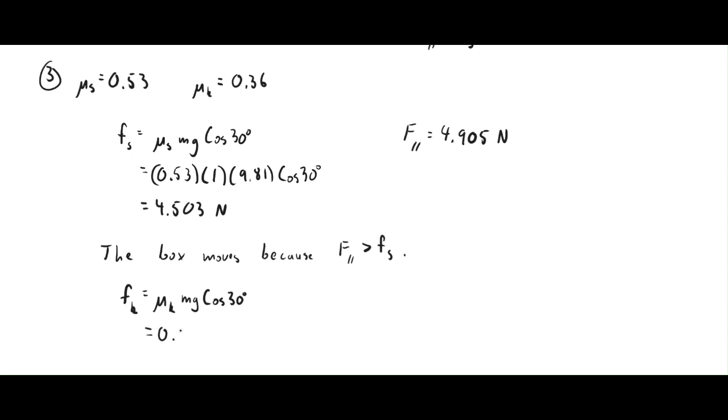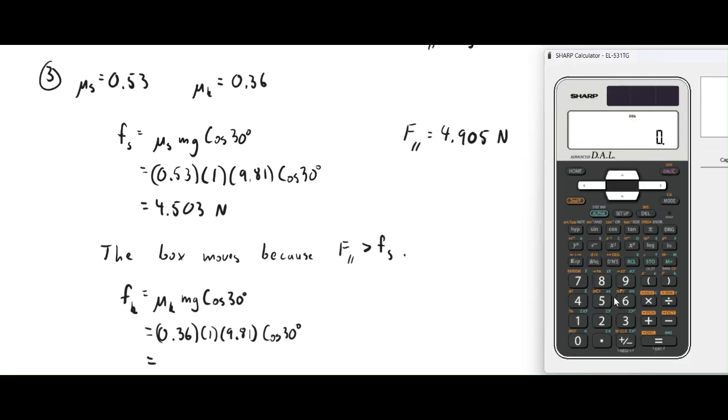So this time we have 0.36 times mass times gravity times cos 30. Oh, I put in sine earlier, I need a cosine here. And what do we get this time? 0.36 times 9.81 times cos 30.